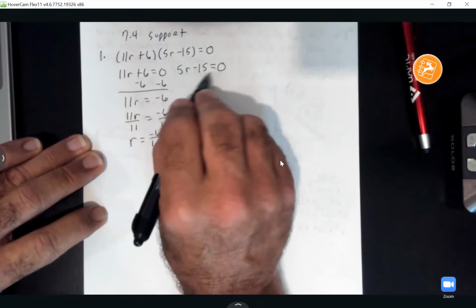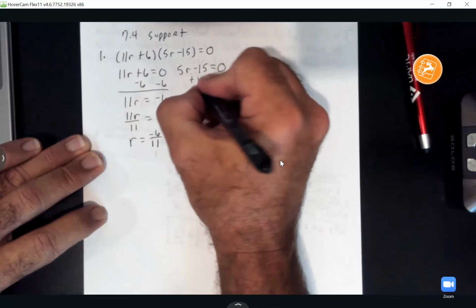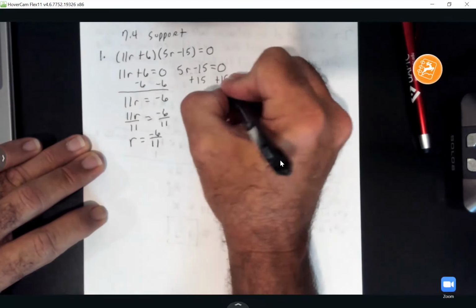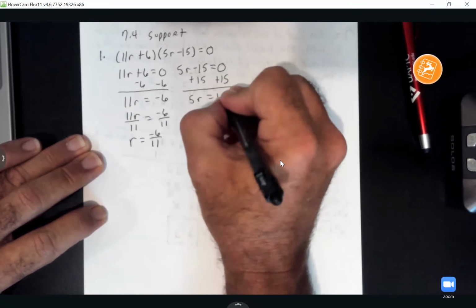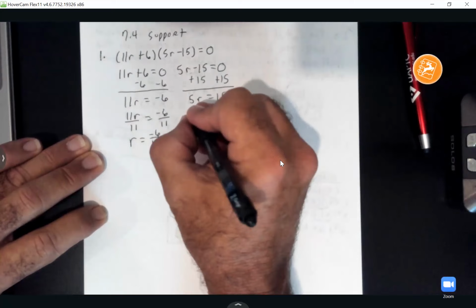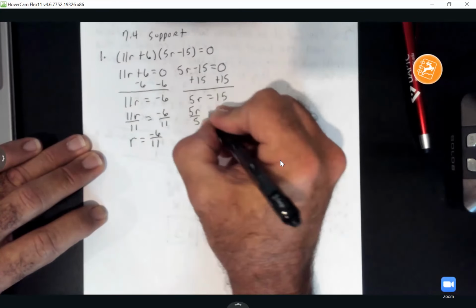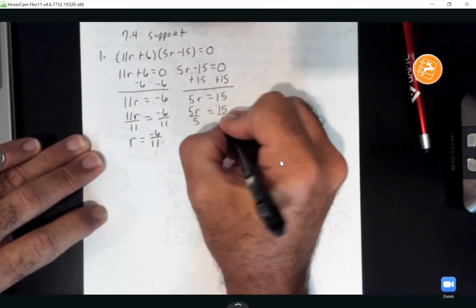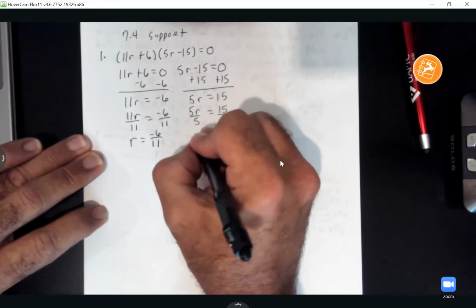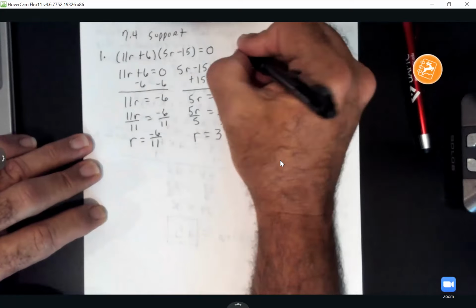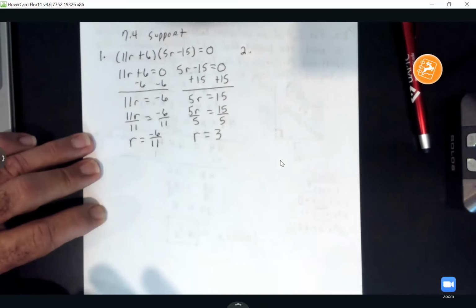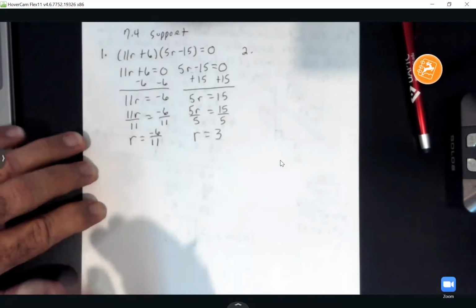And then the second one, you would add 15 to solve it. So I'm going to get my 5R equals 15, and then divide by 5. So that makes a 1R equal 3. So this problem was just getting you ready for section 7.4 where you had to factor.